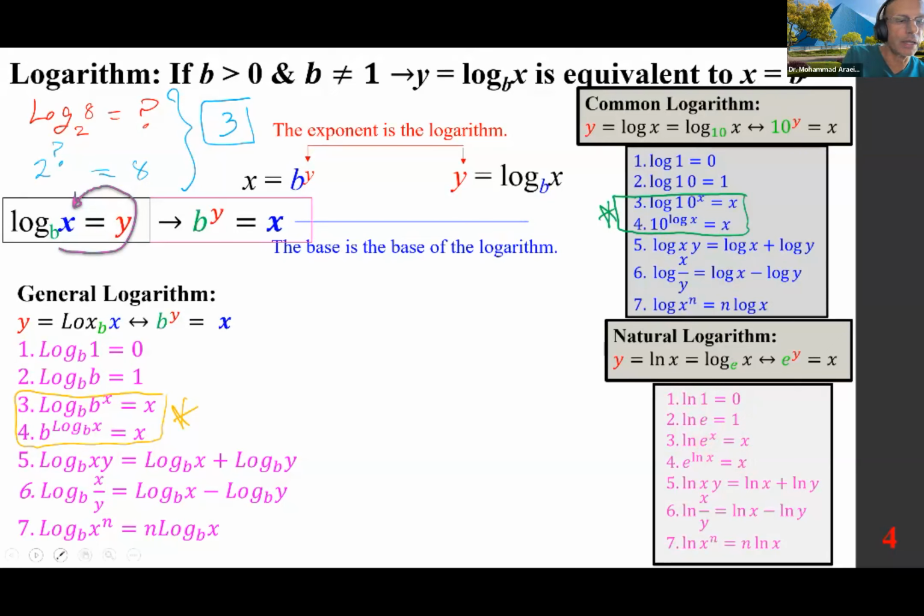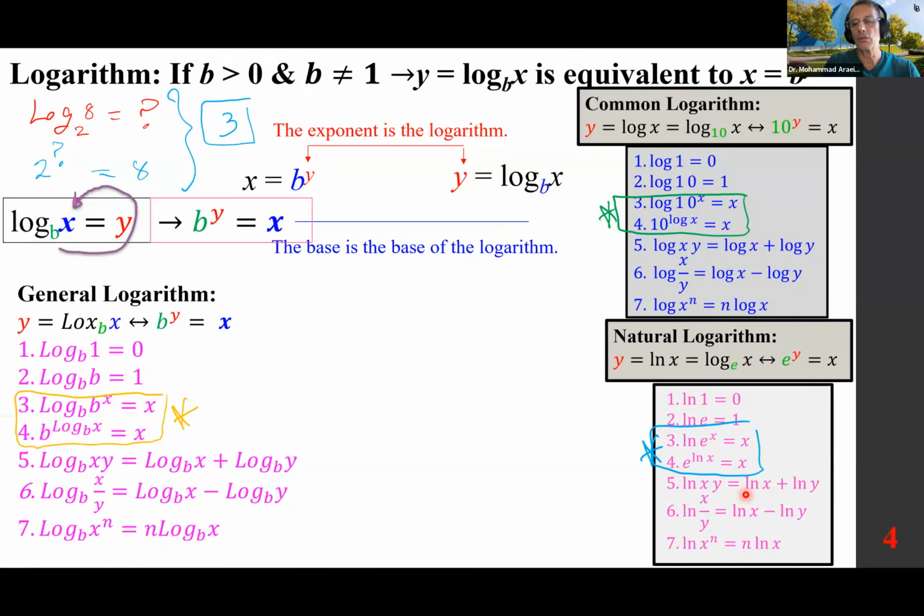These two again refer to the fact that logarithmic functions of any kind with their appropriate exponential functions are inverse functions.